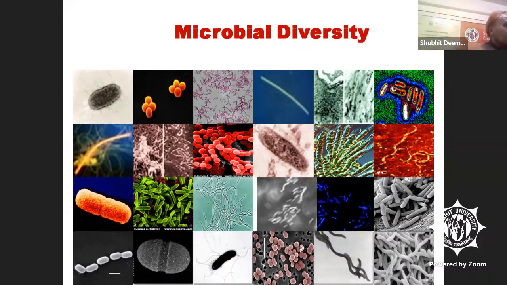Entire degradation, entire recycling, entire conversion, entire biodegradation, entire waste conversion, everything is because of the microbes. Everybody is talking about biodiversity, plants, animals, but 90% of the people, environmentalists, are forgetting microbiology and the microbes. I will come to that very soon.